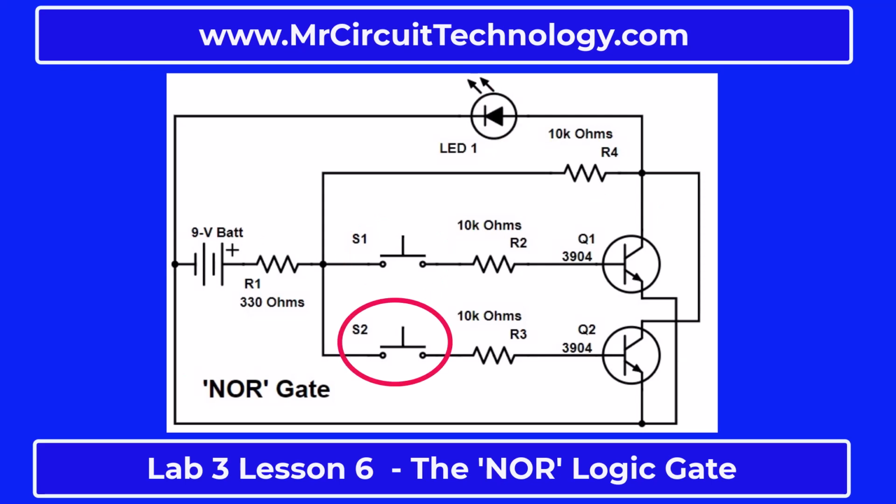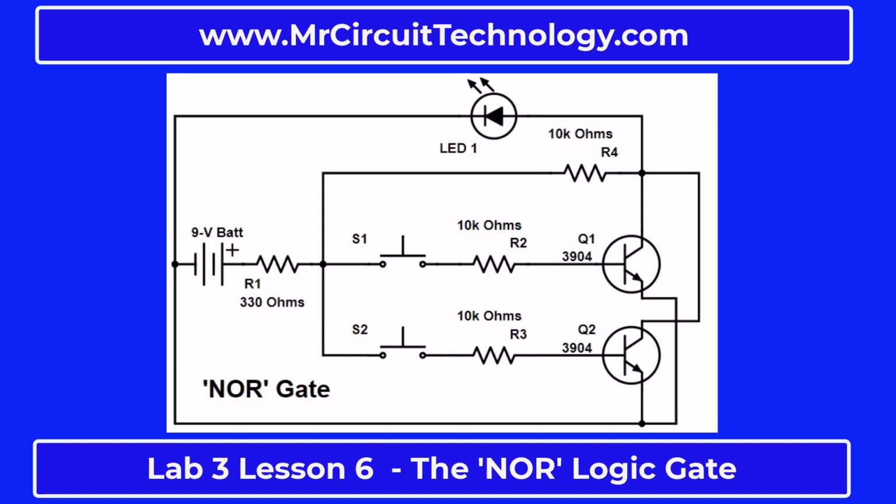Likewise, when you press switch S2, you forward bias transistor Q2 so that all the current will flow from the negative of the battery through transistor Q2, through resistor R4, through resistor R1 to the positive of the battery. Again, the LED will turn off.